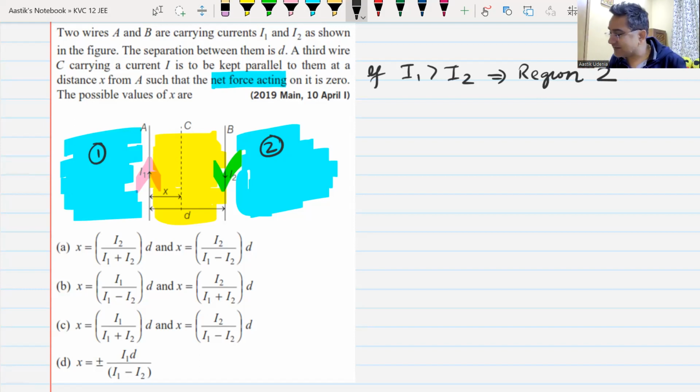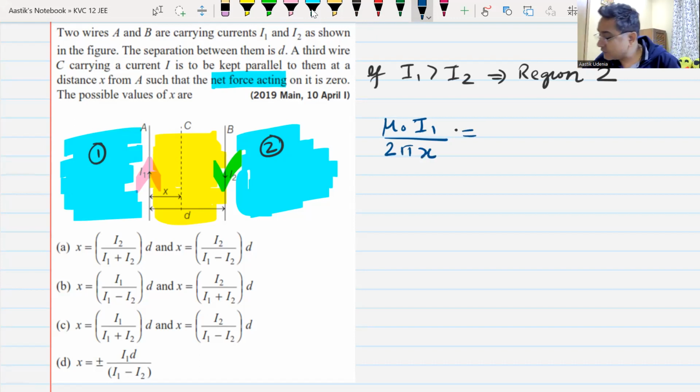Let me call that distance x. I'm thinking about region 2 right now. So the magnetic field created by the first wire will be mu naught I1 upon 2 pi x, if I call the distance x.